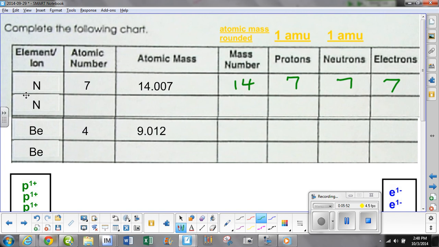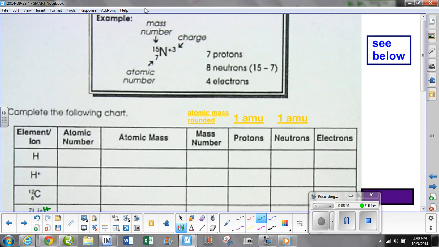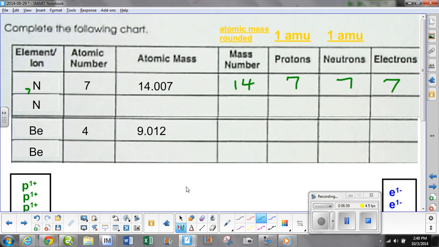Okay, so that number is going to go right here. Now, what's the number in the top left? Come on, what is it? Mass number. Yes. Okay, so mass number is 14. And now we're done.